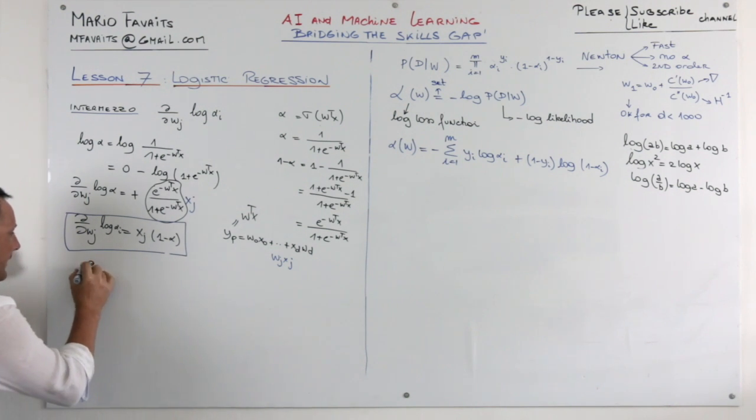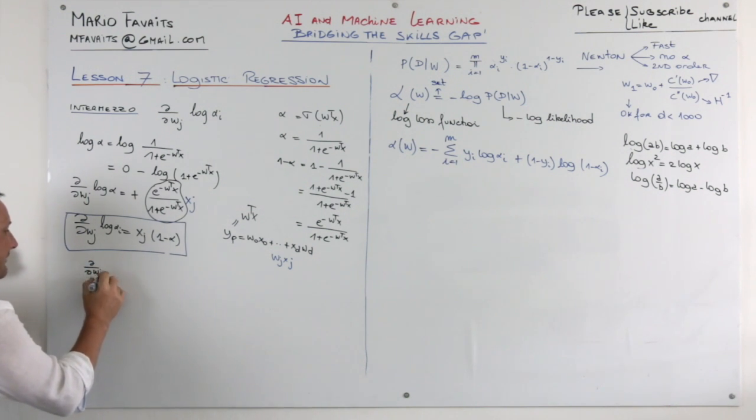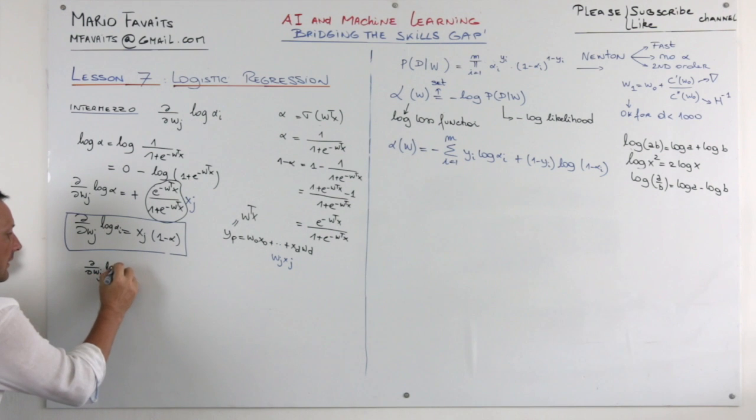Okay, let's now calculate the derivative of the log of 1 minus alpha.